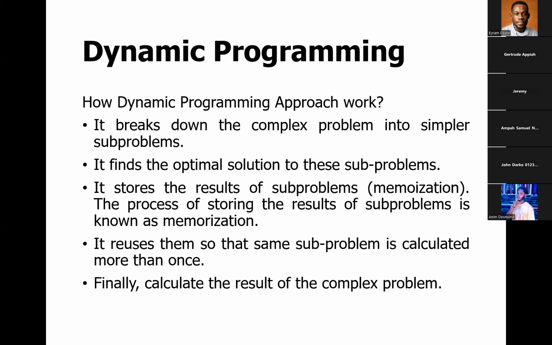Then we also mentioned the optimal substructure. If a problem has an optimal substructure, it means that the best solution to the bigger problem depends on the best solutions to the smaller problems.